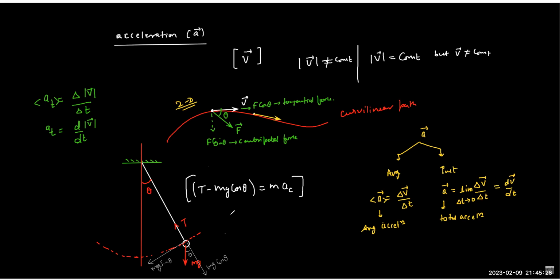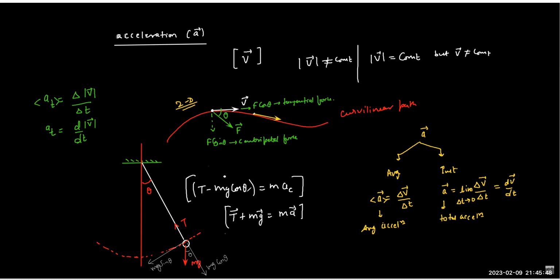If I actually write T vector plus mg vector, then I can write m a vector. This is the actual way of writing Newton's second law, that net force equals mass into net acceleration. What we write here is not the net force. We're writing the net component in one particular direction.